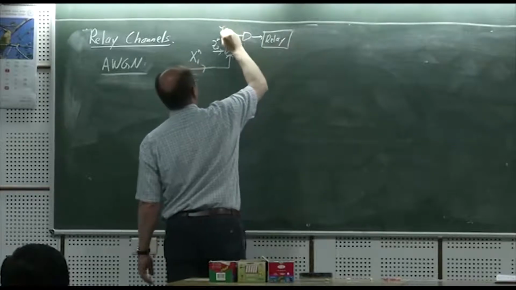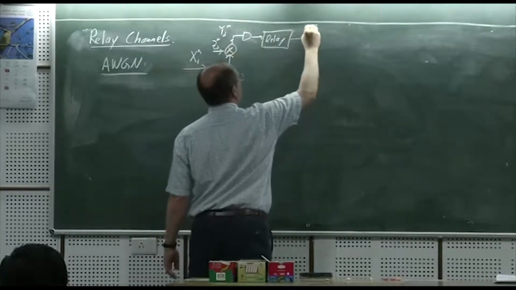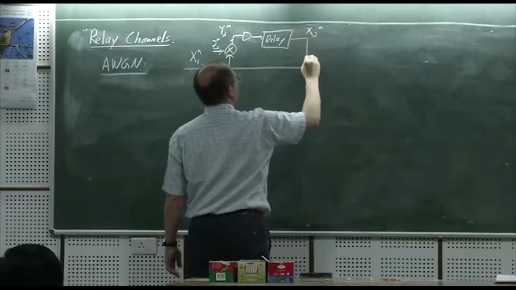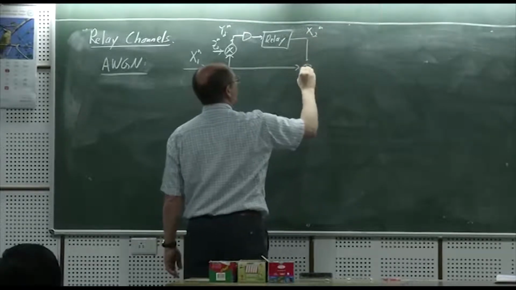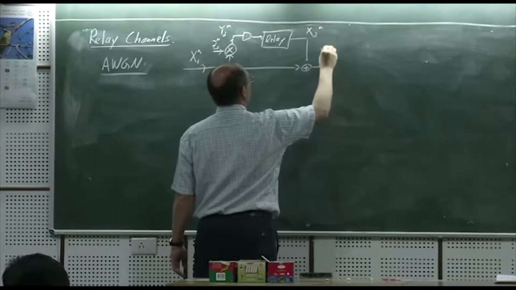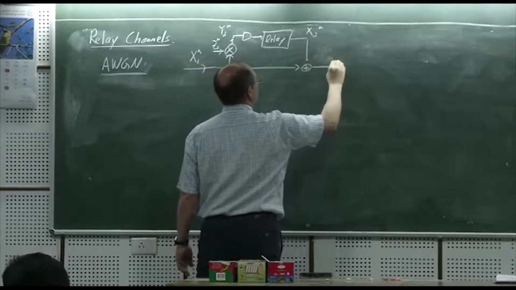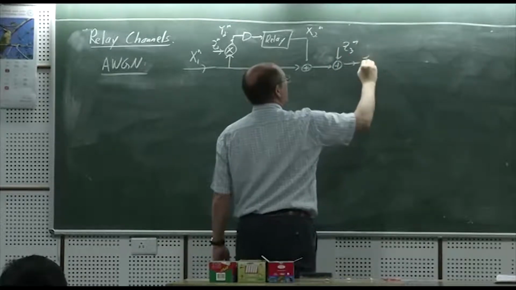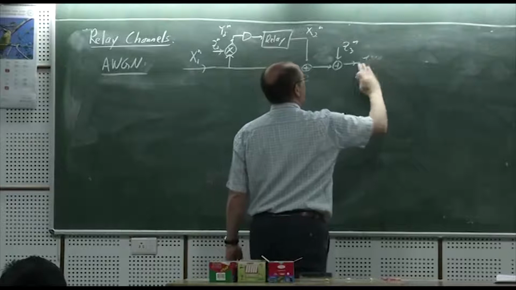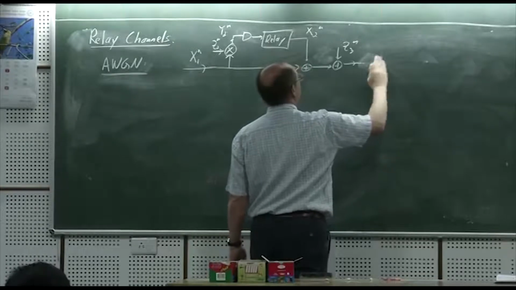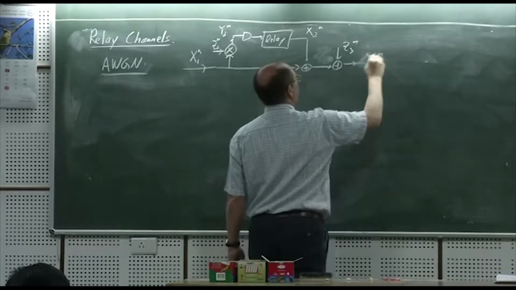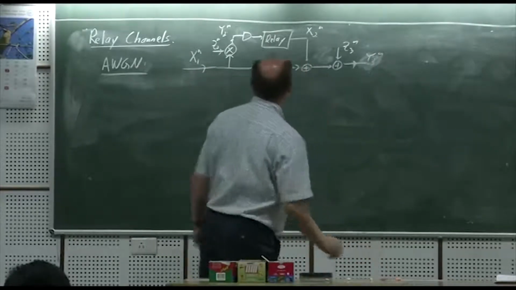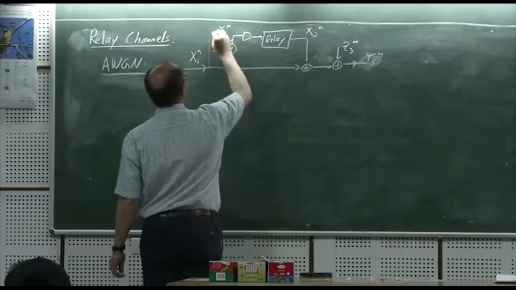It's receiving y2n, it produces x2n, and then if we're transmitting on the same subband, then we have here a y3n. Okay, so there's our model. So the channel is here.